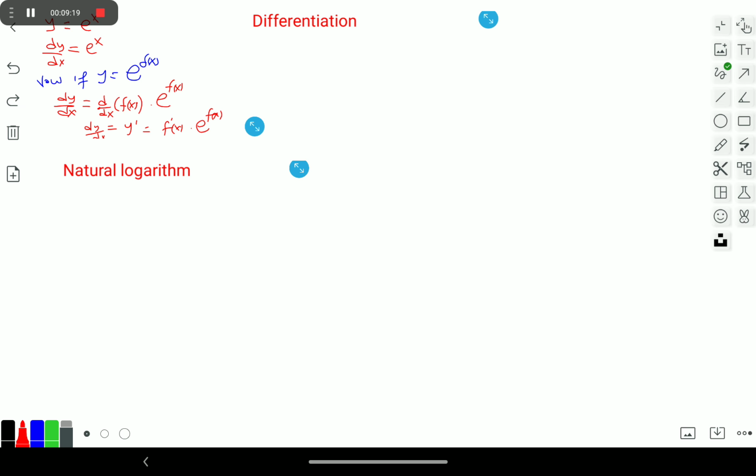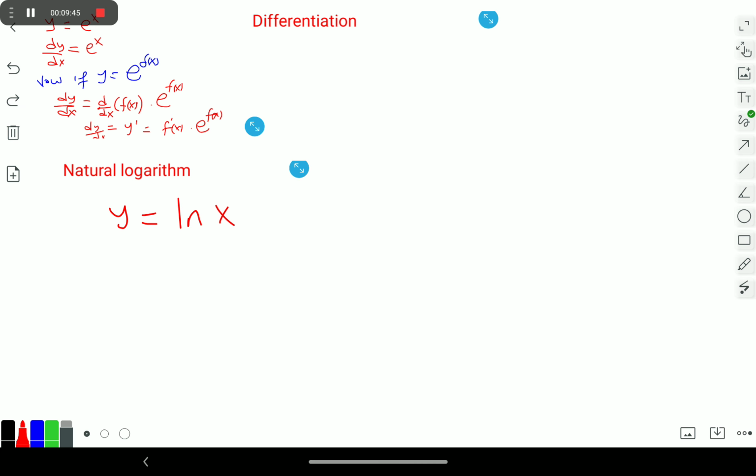I know you have met it, that if you have y is equal to ln x, its derivative dy/dx will be equal to 1 over x. At least this is the basic.